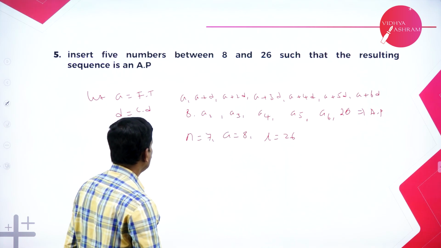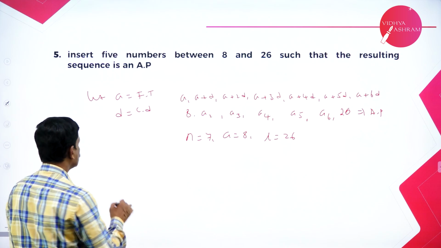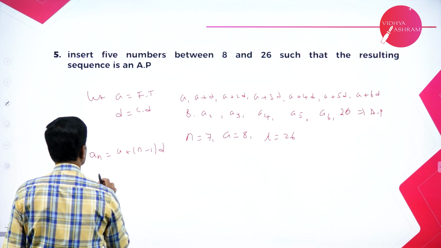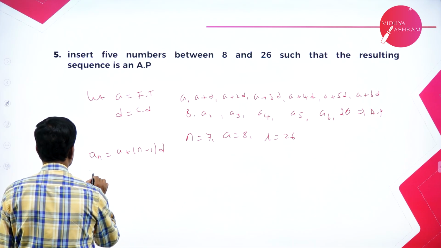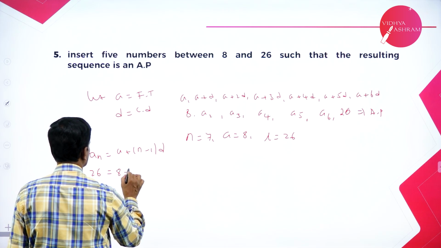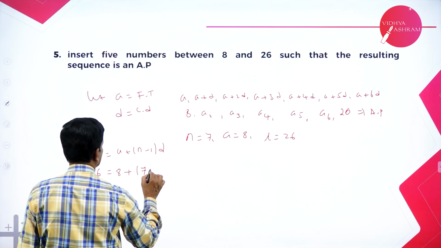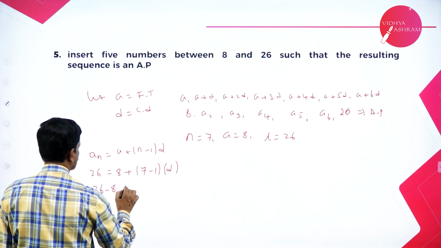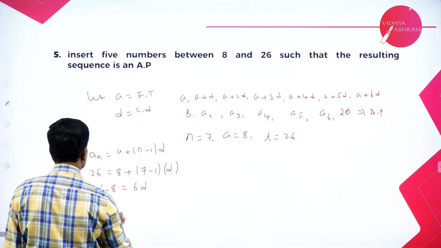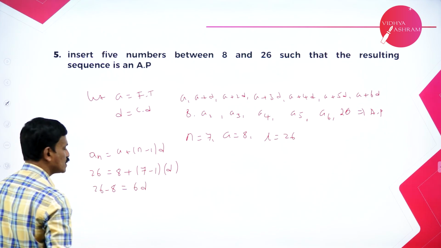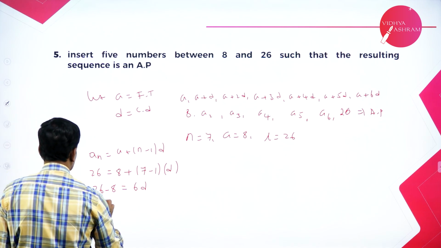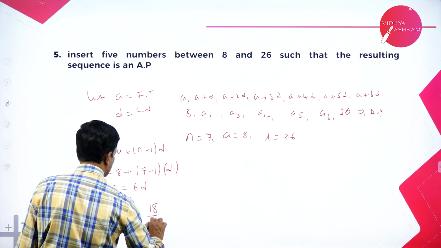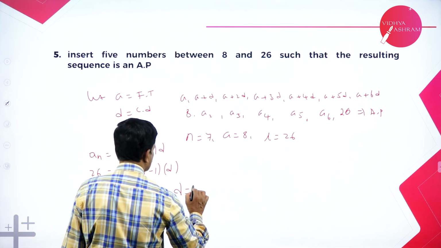Now just find out D. We know that an is equal to a plus (n minus 1) into D. The last term is 26, so 26 is equal to 8 plus (7 minus 1) into D. 26 minus 8 is equal to 6D. 26 minus 8 is 18. So 18 is equal to 6D, D is equal to 18 by 6, that's equal to 3. So D is equal to 3.